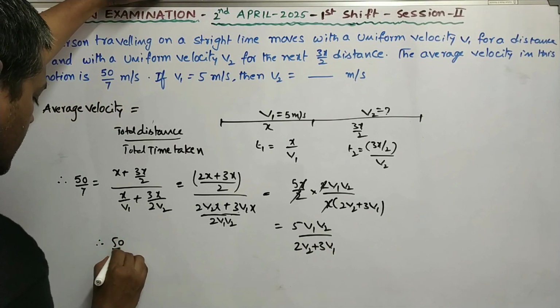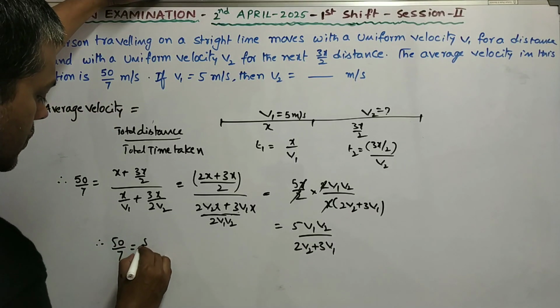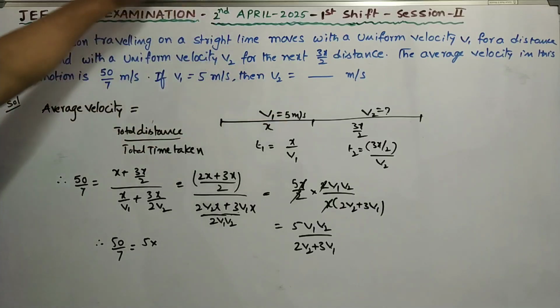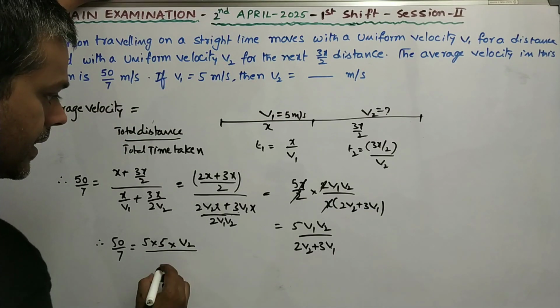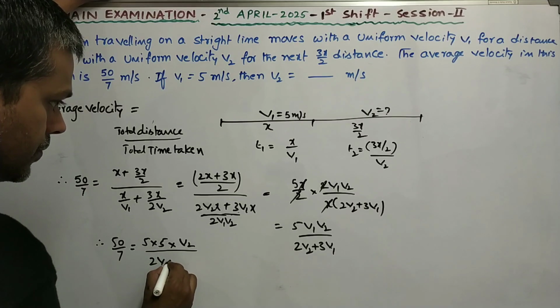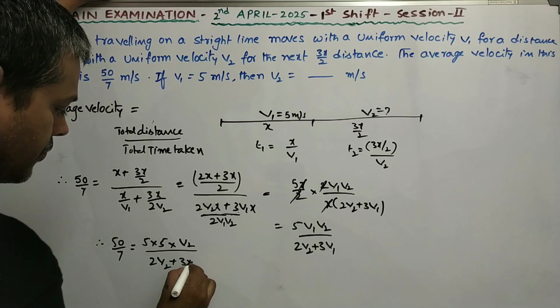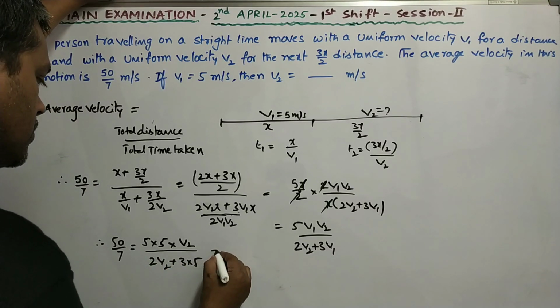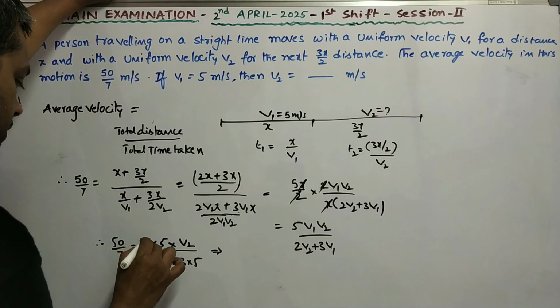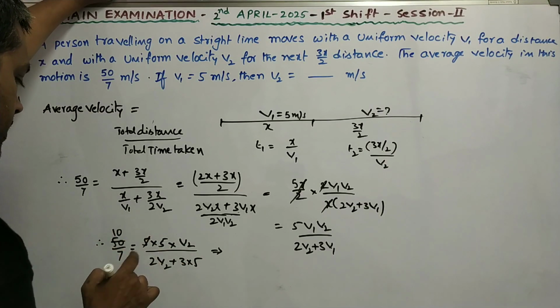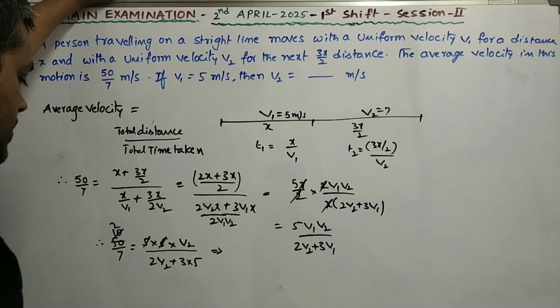Therefore 50 by 7 is equal to 5 into v1 is given. What is it? 5 into v2 by 2 v2 plus 3 into 5. So you want to calculate v2 value. 5 tens are 50, 5 ones are 5, 5 twos are 10.